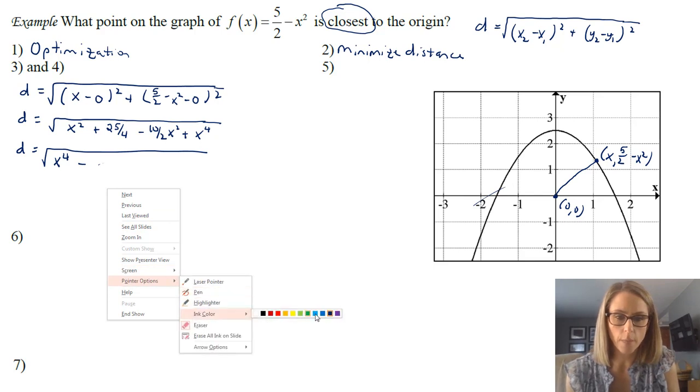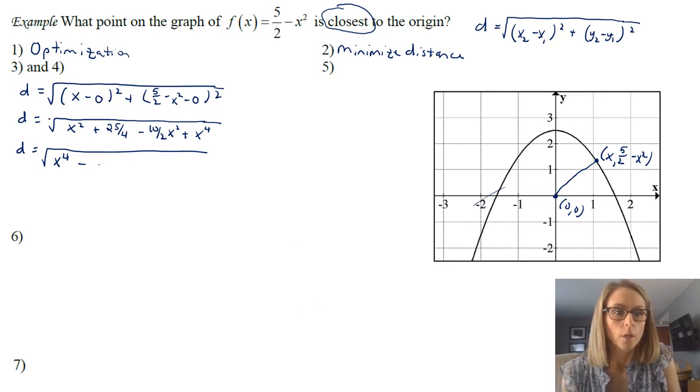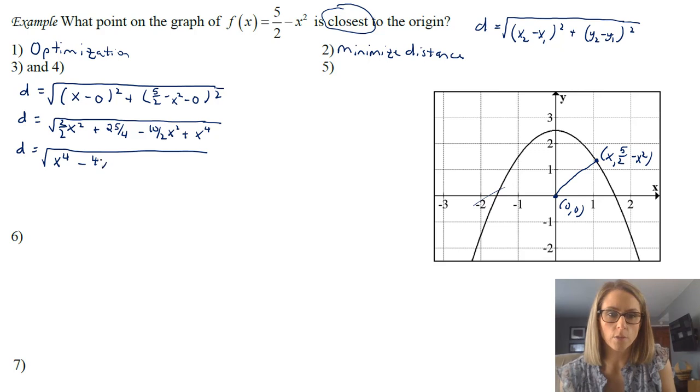So this is 2 over 2 and then minus 10 over 2, so that's a negative 8 over 2, or a minus 4x squared, and then we still have that 25 over 4. Okay, so that's our distance that we're trying to minimize.